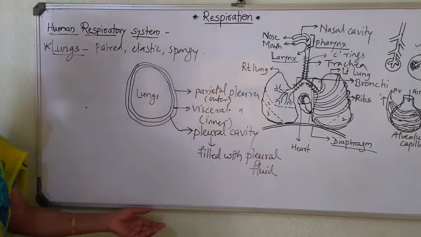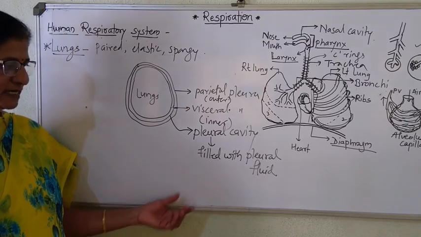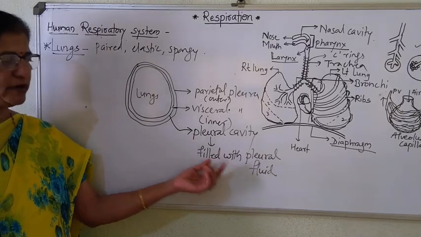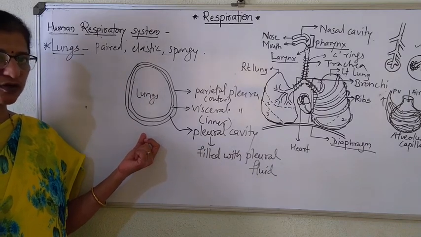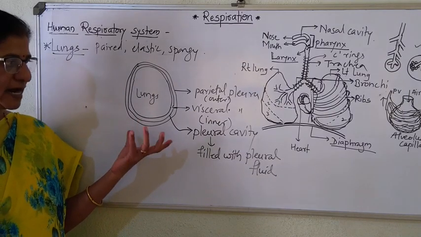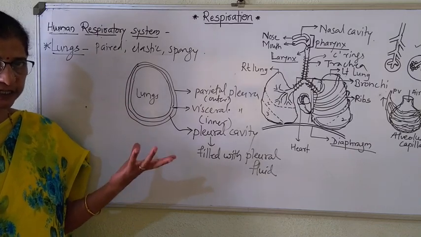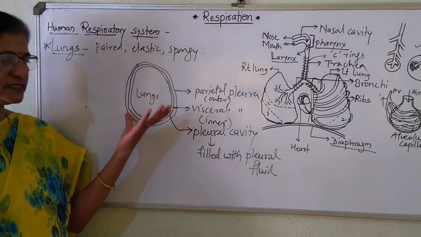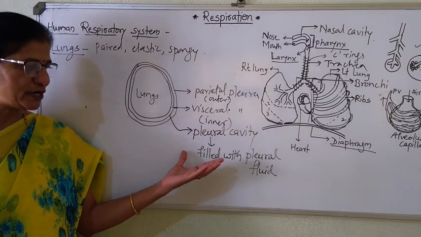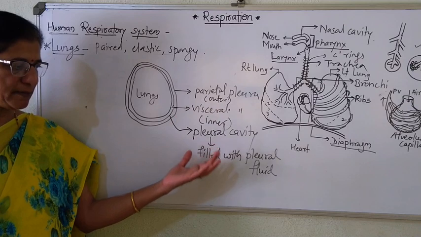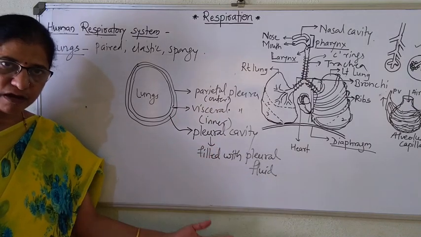The function of this cavity and fluid is that the pleural fluid acts as a lubricant and keeps the lungs always moist, and allows easy contraction and relaxation, that means expiration and inspiration, of the lung inside the thoracic cavity due to the presence of these pleural membranes containing pleural cavity containing pleural fluid.